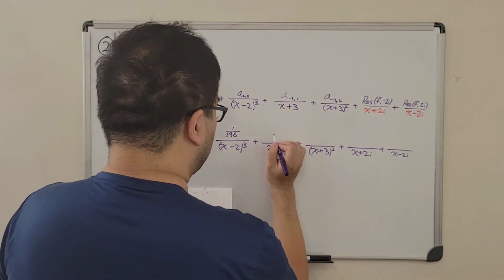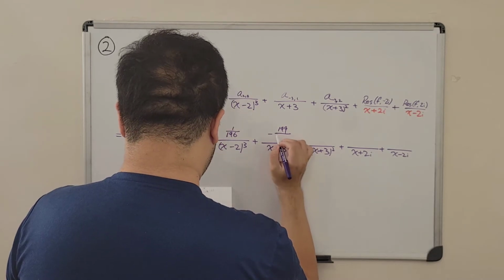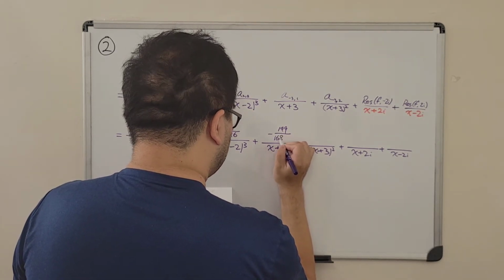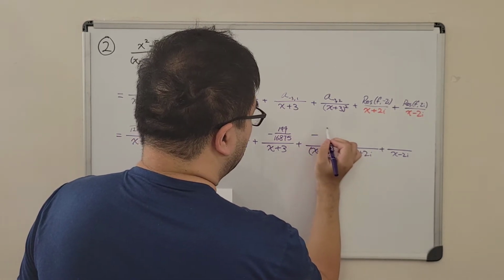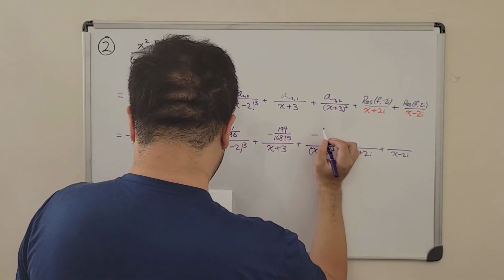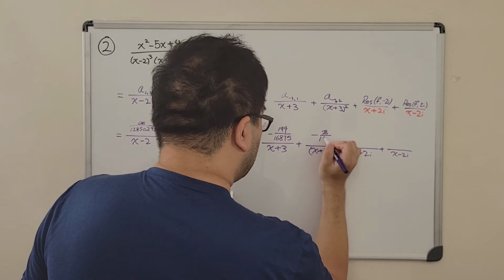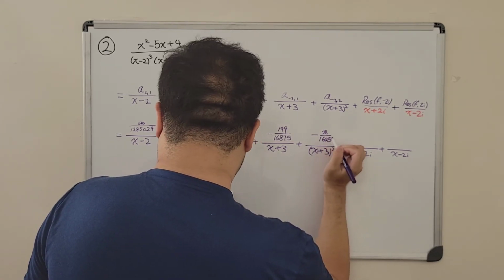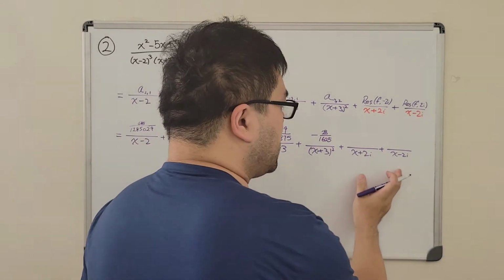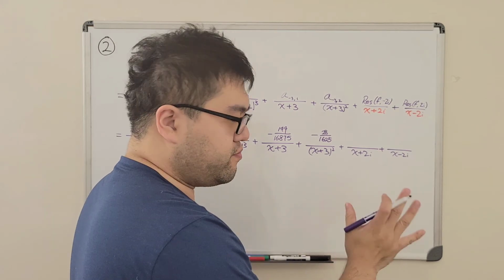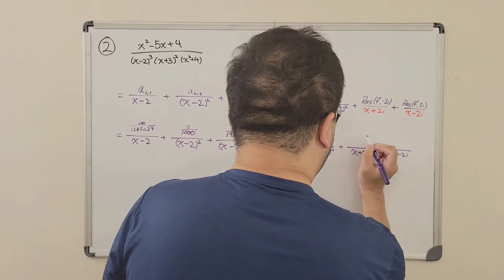For a negative 3 comma 1, we get negative 199 over 16,875. For a negative 3 comma 2, we get negative 28 over 1,625.